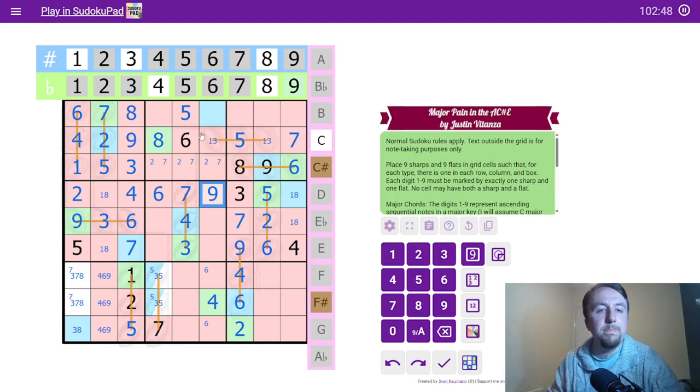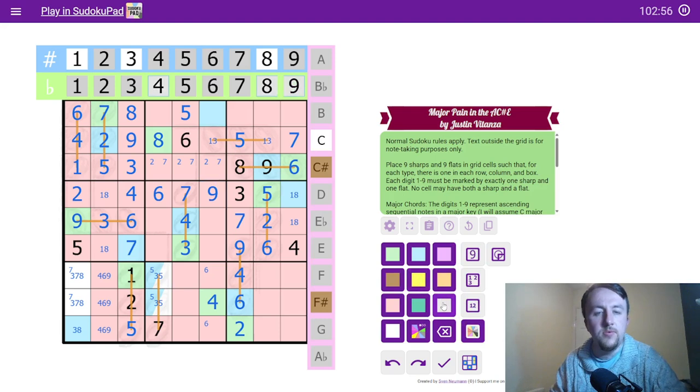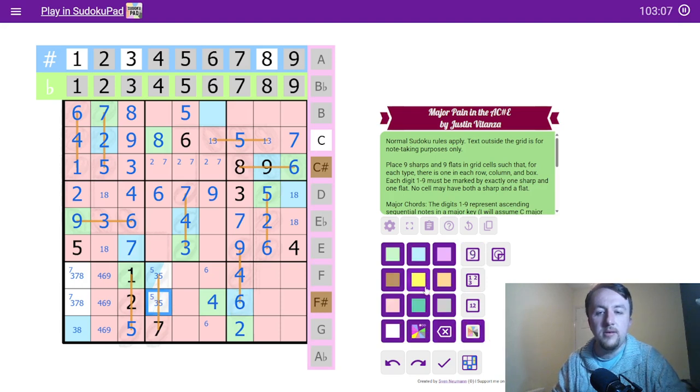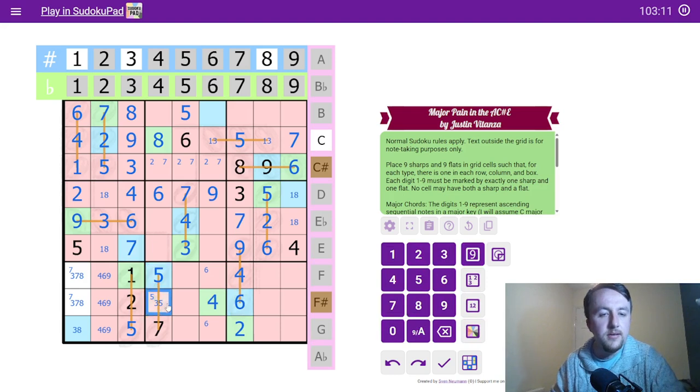And so, yeah, we've done all of the flats. We've done them all. I've not coloured them all properly, but we have done them all. So we only have 1, 3 and 8 left in sharps, is that right? 2, 4, 7, 6. Well, we can deal with the 5 here.